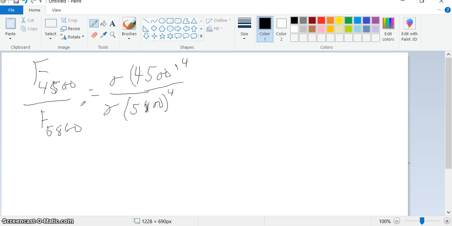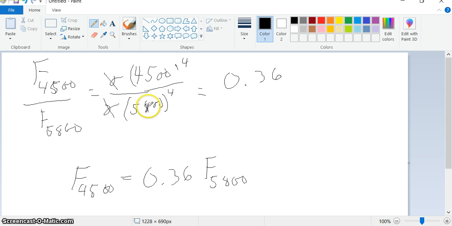So the basic idea, here's the Stefan-Boltzmann law, the sigmas cancel, and so you just take 4,500 raised to the fourth divided by 5,800 raised to the fourth. So for this one, you've got to raise these things to the fourth power. You get a fraction of 0.36.